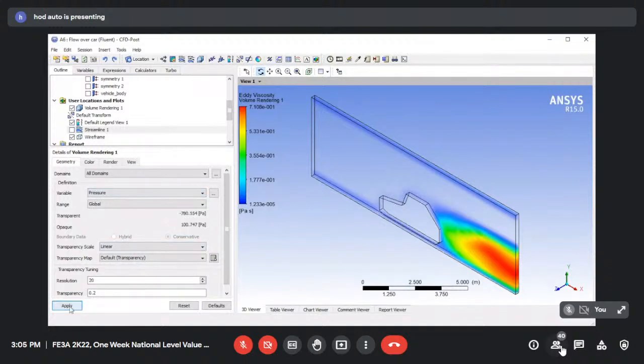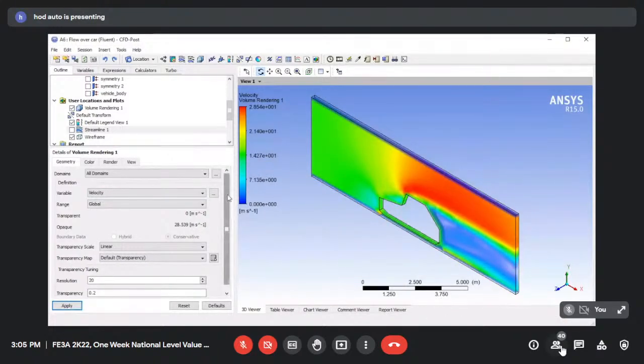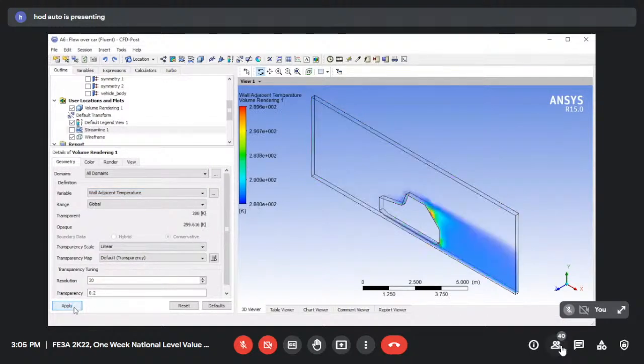So if you look at pressure gradients, if you look at your velocity, that's how you have velocities and whatnot. Wall adjacent temperatures, if you observe it, that's the wall adjacent temperature. That is your convective heating, aerothermal heating.